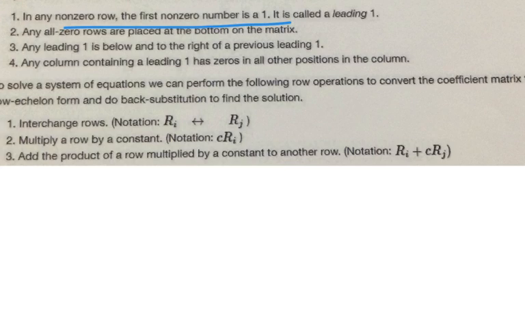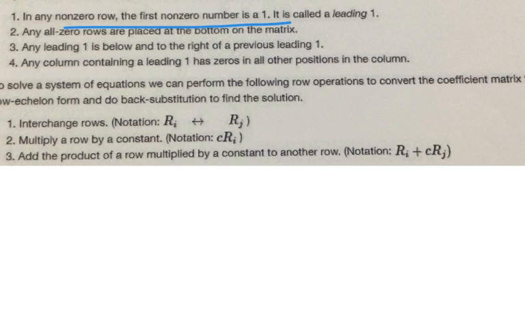2, all 0 rows are placed at the very bottom. So if you have a matrix that becomes all zeros, what is that like in elimination? Remember when we had 0 equals 0? That's what that's talking about. If it's zeroed out, move that one to the bottom. Thirdly, any leading 1 is below and to the right of a previous leading 1.